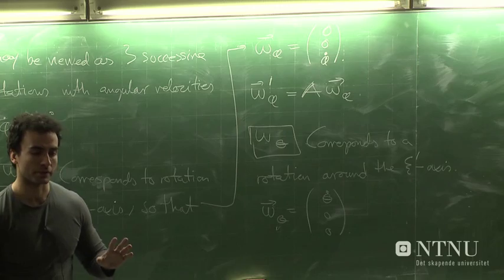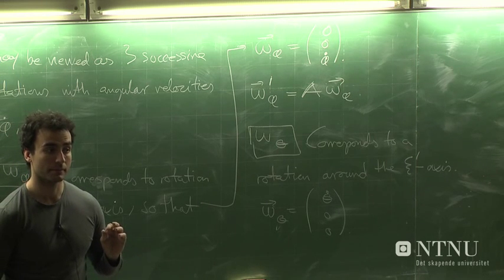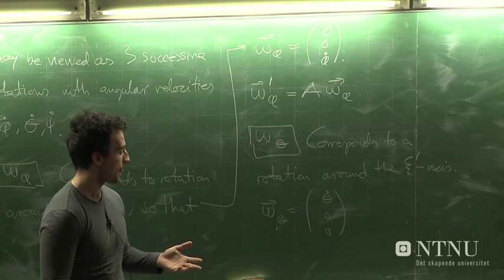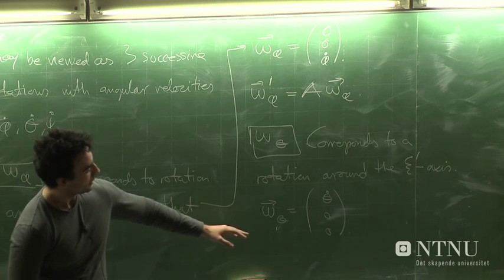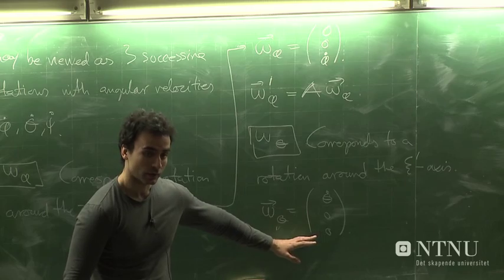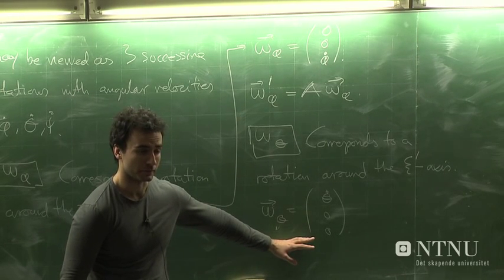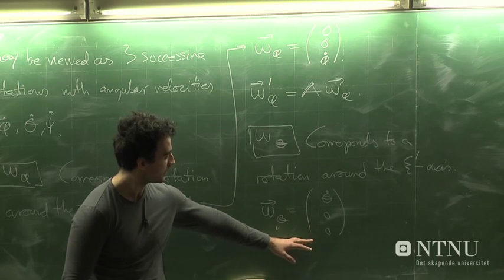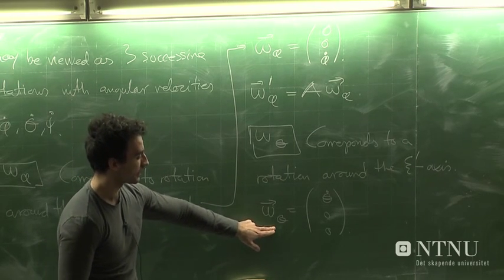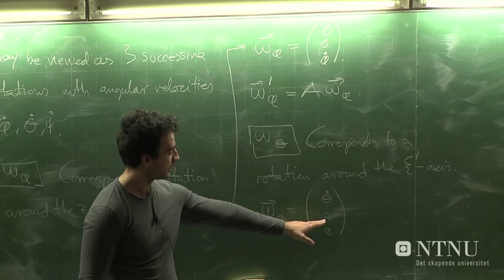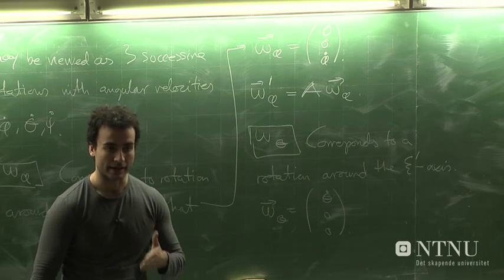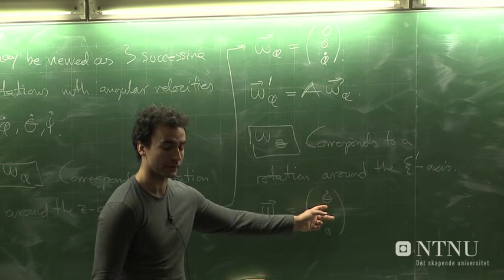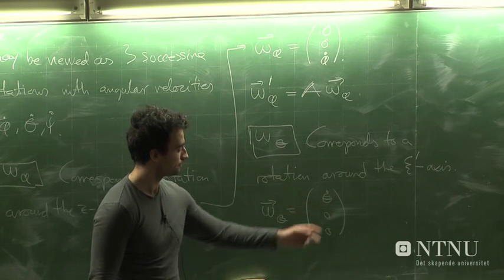Now theta corresponded to a rotation around the xi prime axis, if you consider your notes. So expressed in that coordinate system, which should be xi prime, eta prime, zeta prime, this angular velocity can be written like this. Its direction is along the axis of rotation, which is the xi prime axis, and its magnitude is theta dot.